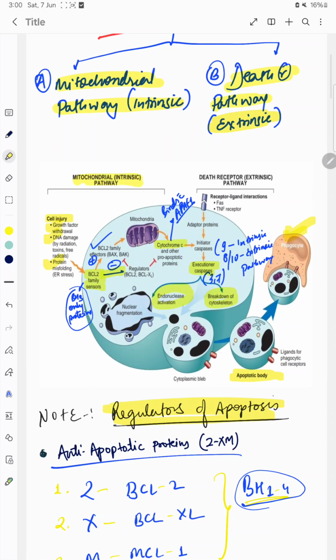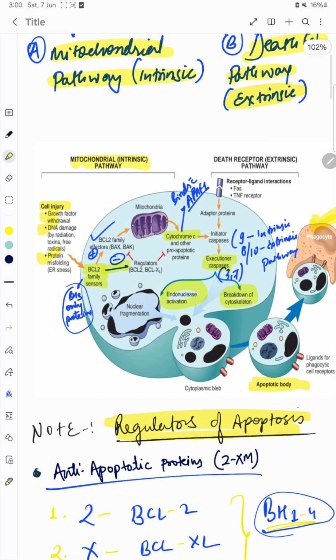In the mitochondrial pathway, whenever there is cell injury, decreased growth factor, DNA damage, or protein misfolding, this results in activation of BCL family sensors, which stimulate the BCL family effectors, namely BAX and BAK. Then they stimulate the mitochondria.